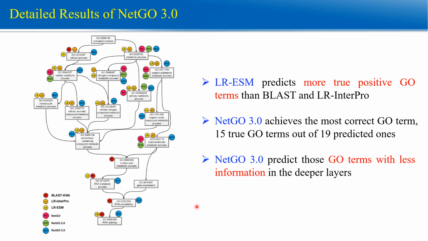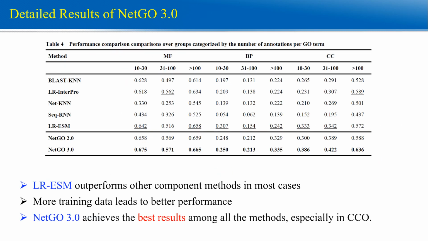With the support of LRESM, NetGO 3 achieved 15 true GO terms out of 18 predicted ones, and successfully predicted GO terms that NetGO and NetGO 2 failed to predict. We also noticed that NetGO 3 predicts GO terms in the deep layers successfully, which means NetGO 3 can predict more specific GO terms.